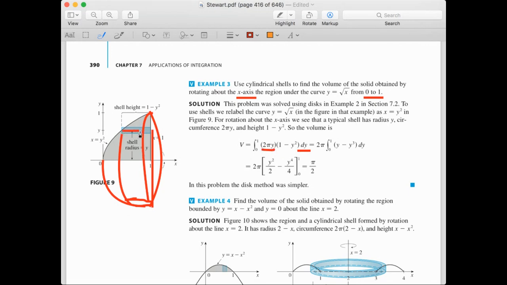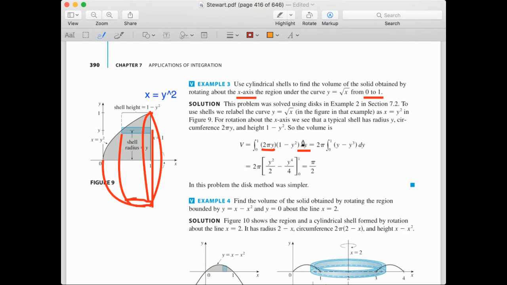So this becomes the width or the height of this horizontal cylinder, which is this value 1 minus y squared, right? Because y equals the square root of x, this curve can be written as x equals y squared.